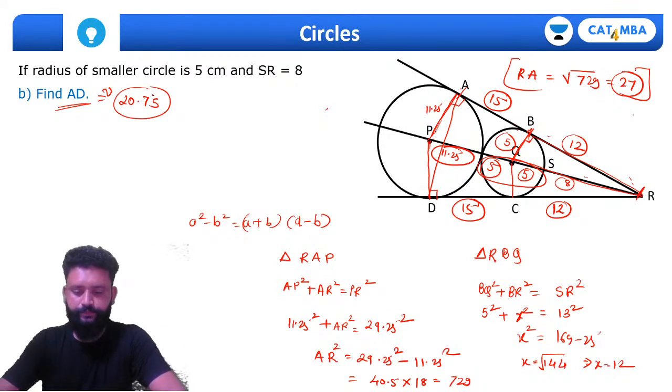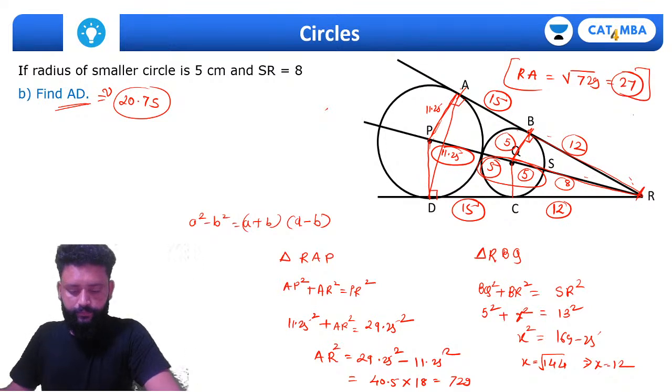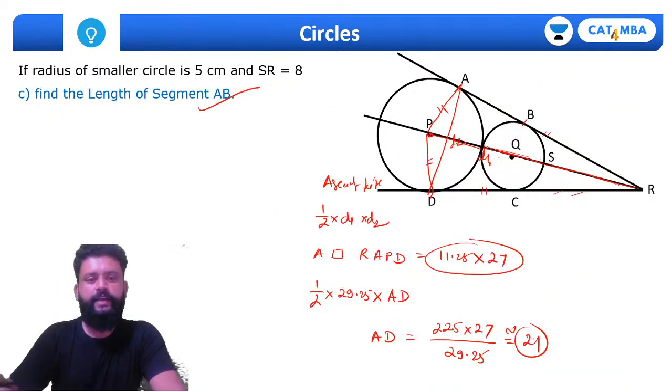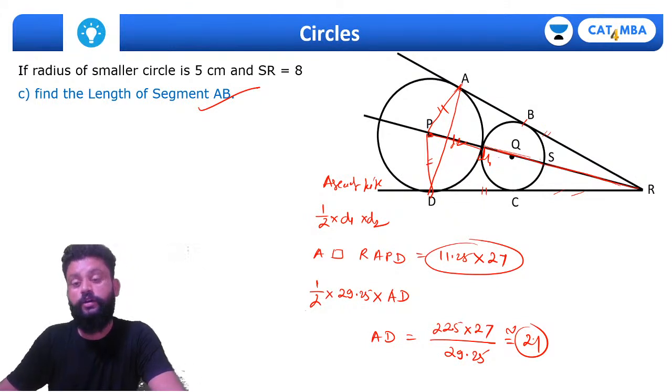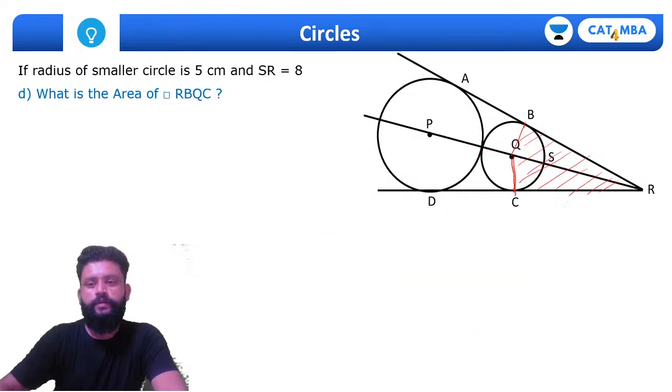Okay, then let's go ahead. We have got AB as 12, not 15, and this is 12. BR is 12.